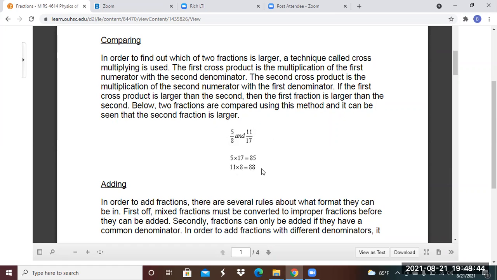They're just not really telling you that. So if you were to go through that process, you would be putting 85 over that least common denominator, and here you'd be putting 88 over that least common denominator. That would mean that this particular fraction would be greater than this one.